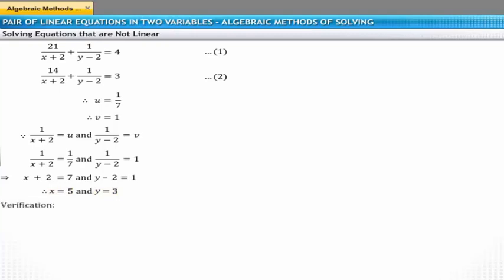Let's substitute x is equal to 5 and y is equal to 3 in equations 1 and 2. Next, we'll simplify the equations.